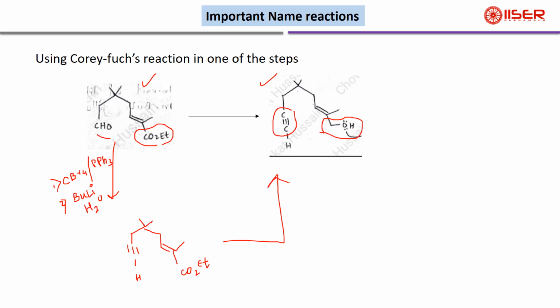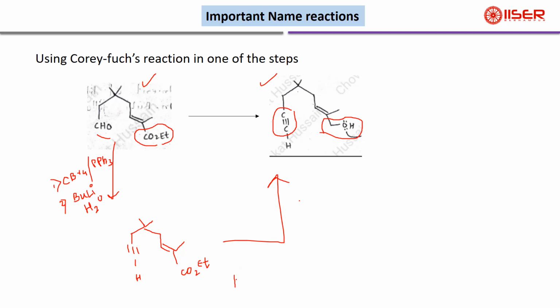What will be the reagent required for the reduction of the ester? LiAlH4 has been used for reduction of aldehydes and ketones. NaBH4 is specifically for aldehydes. BH3·SMe2 is specifically used for acids. So for the ester, which is the more suitable reducing agent that will not hamper this double bond or this triple bond?